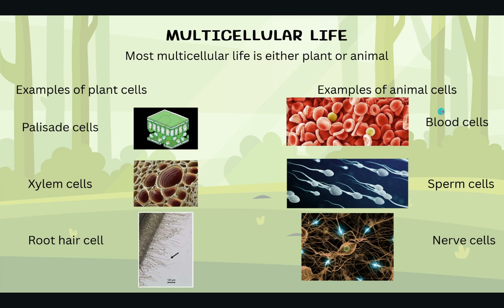Just because blood, sperm, and nerve are found exclusively in animals doesn't mean that every animal is going to have them. The most obvious example, sperm cells. Not all humans possess sperm cells. Okay? So they are exclusive to animals, meaning that they are not in plants.